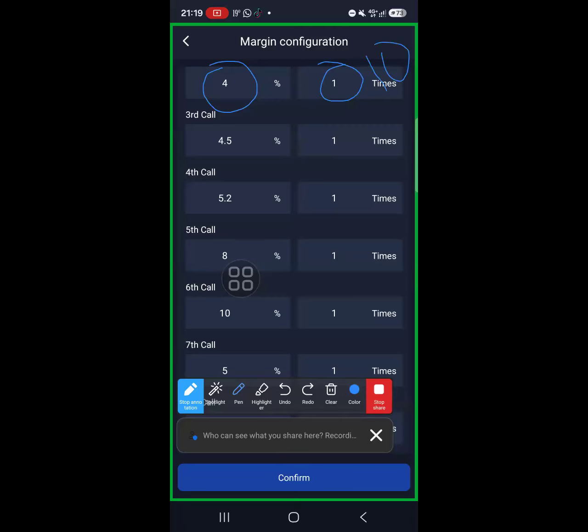And then after it has dropped with 4%, it drops again with 4.5%. It means the price of the coin is becoming cheaper and cheaper. But when the price is becoming cheaper, you are still buying one time. You are not buying enough stock since it is cheaper.